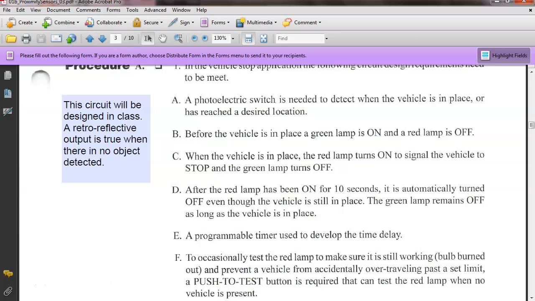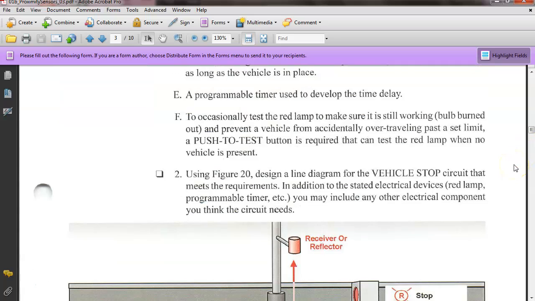So that means you've got to have a push button that does what? You can press it and turn the red light on as long as the push button is pressed. So it's going to bypass the sensor.